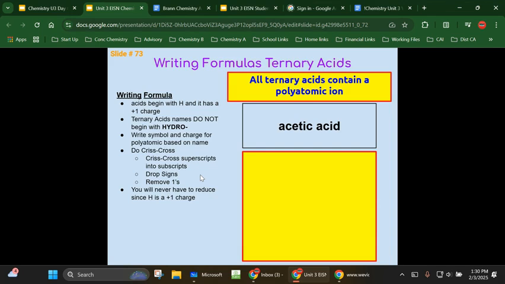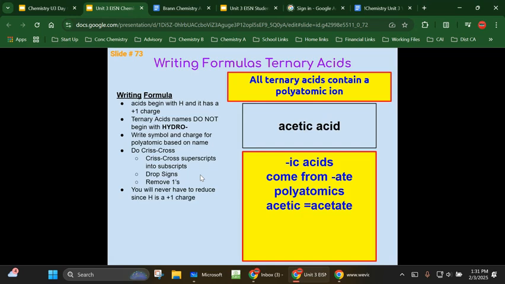But the fact that there is not the word hydro means it is not binary. So acetic acid would come from what polyatomic? Acetate. So acetic would come from acetate.